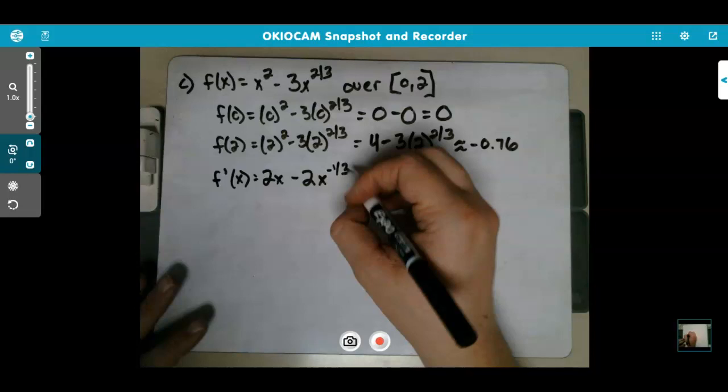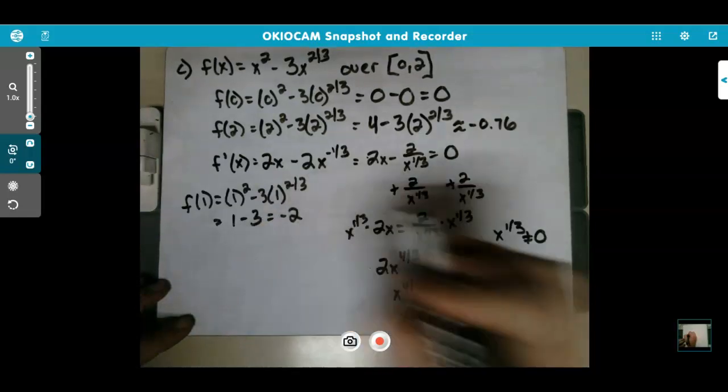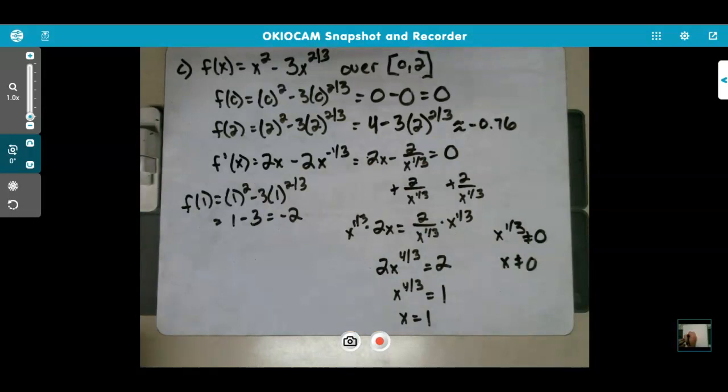So I don't really need this one. It didn't help me out. So just plug in a 1. 1 squared minus 3 times 1 to the 2/3. 1 squared is 1. 1 to the 2/3 is 1, times 3 is 3. So negative 2.